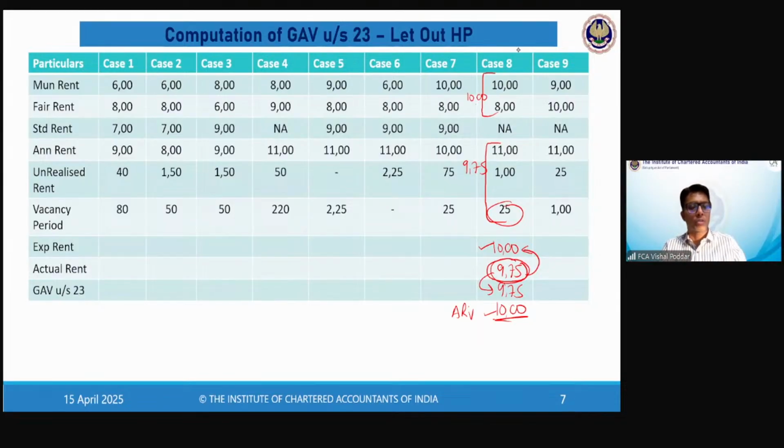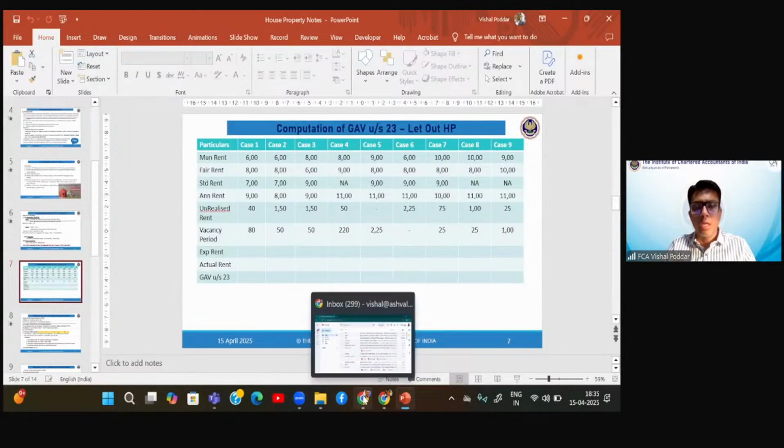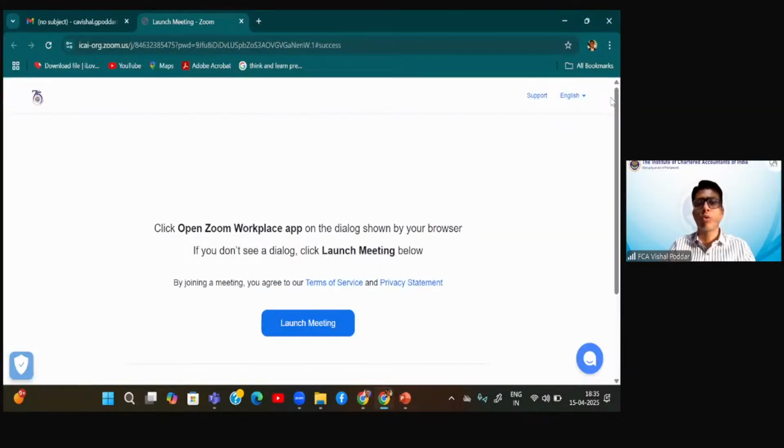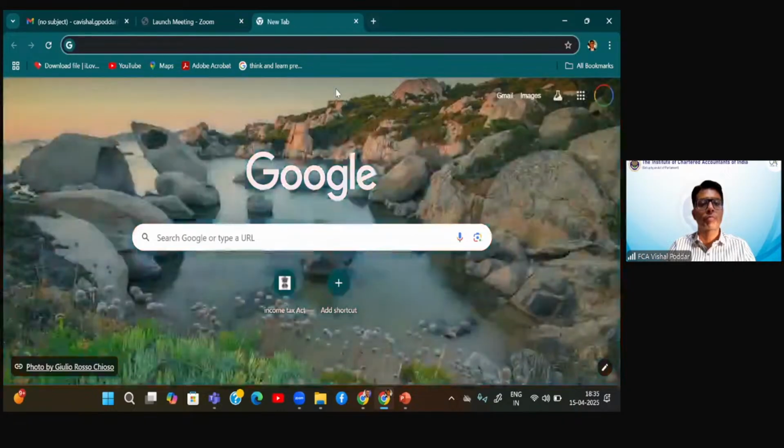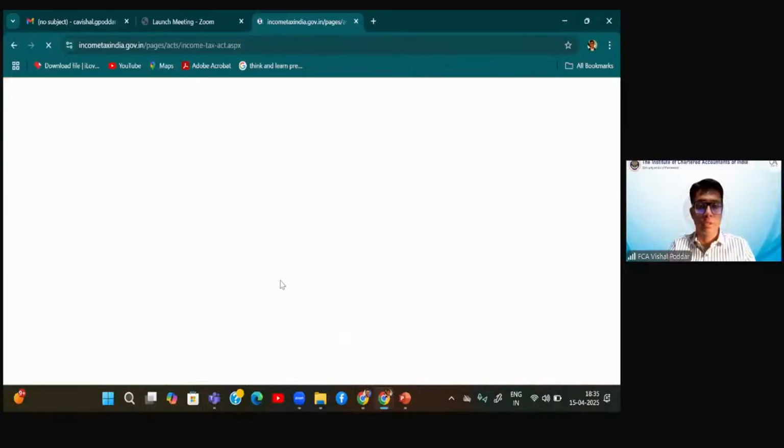I don't know which group you're talking about, but if somebody has raised this question in the group and it is relating to the legal part, then it is my duty as your teacher to show you the legal part. So let us go back to the law. See how the law looks like. Now your answer is particularly relating to the section clause A, B. So let us go and ask this question to the law itself, right?